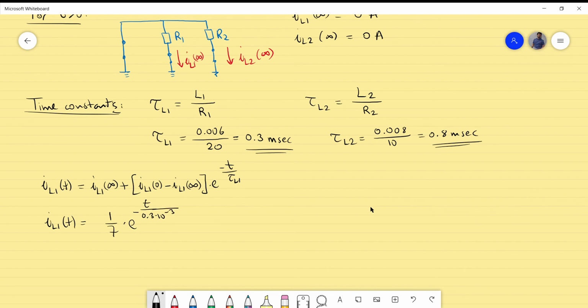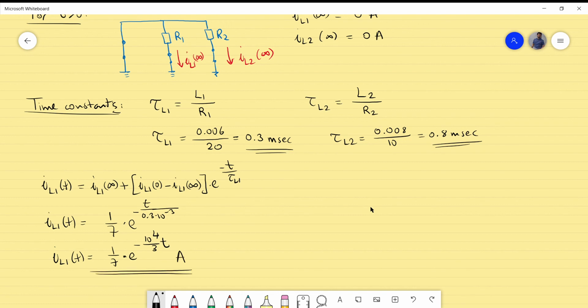And if you make this also readable, then you get 10 to the power 4 divided by 3t. So 1/7 times e to the power minus 10,000 divided by 3 t, and it is in amps.